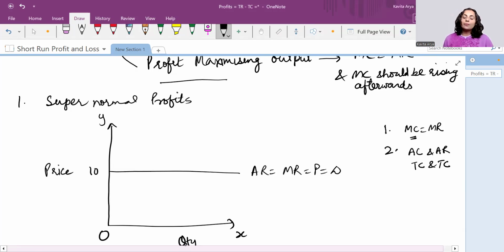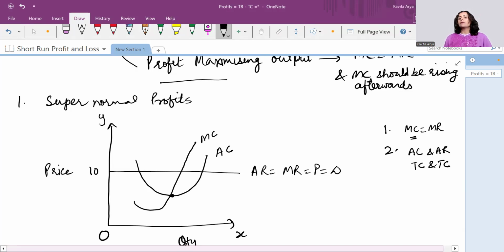So if I want to talk about supernormal profits, profits simply would be a situation when we have more of revenue and less of cost. It means our cost curves would be below this point, right? So this is AC, the U-shaped curve, and MC also is U-shaped, but the condition is MC passes from the minimum point of AC. So this is MC.